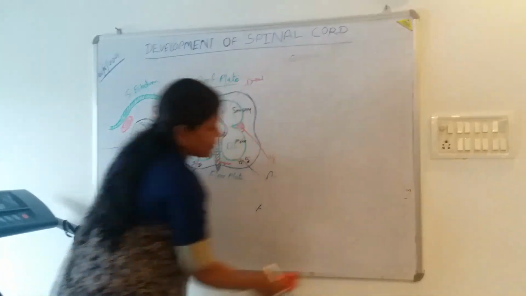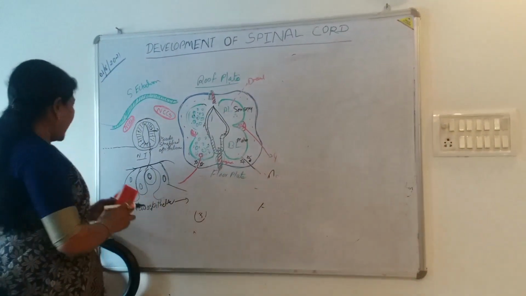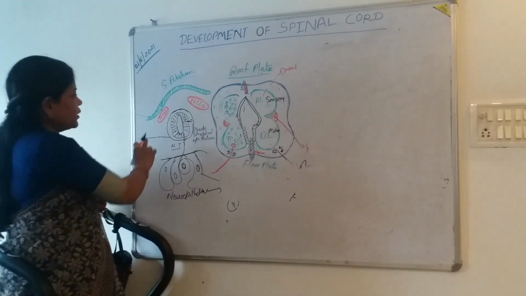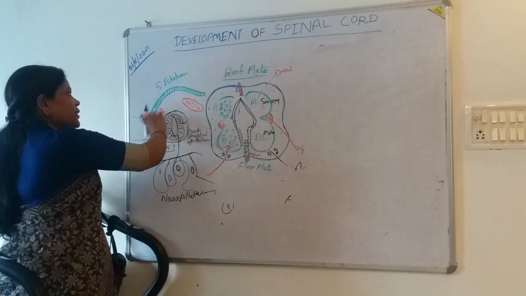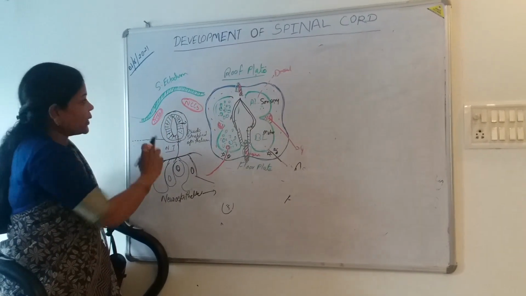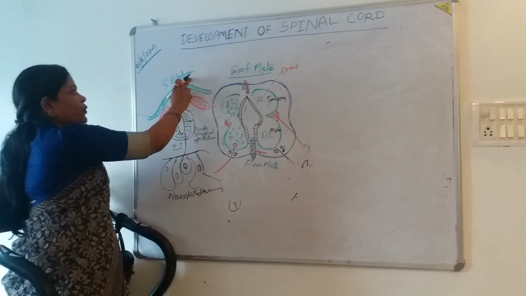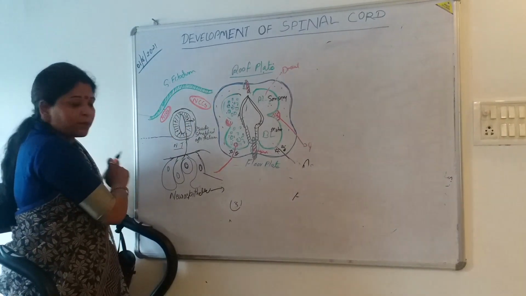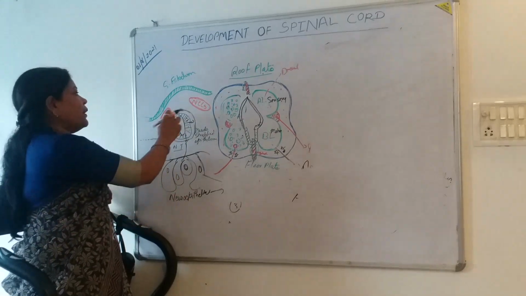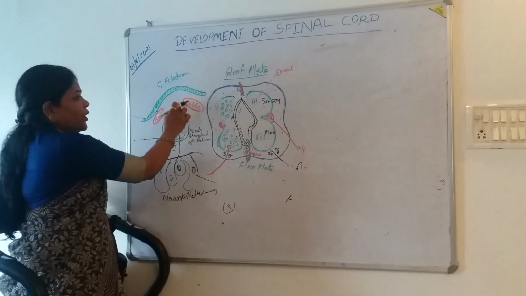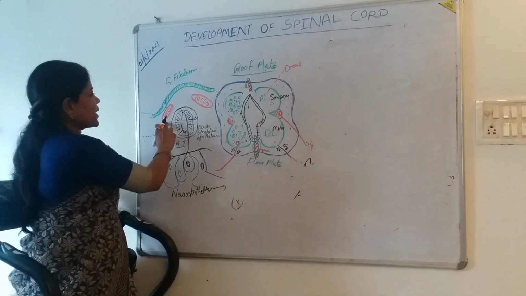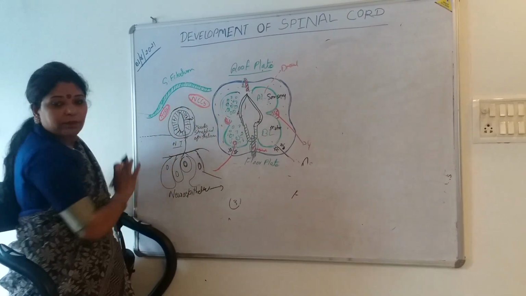Now outside the central nervous system, I have drawn this diagram for you all to explain something. This is the surface ectoderm, the rest of the ectoderm. In the first class, remember, the rest of the ectoderm forms the surface ectoderm once the neural tube is formed from the neuroectoderm, okay? And the cut edge had specialized cells, which are known as the neural crest cells.